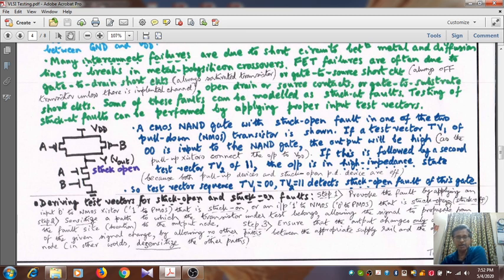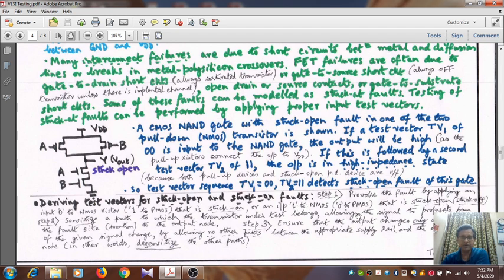So as you suspect that a stuck open fault can be there, you have to apply an input voltage which corresponds to the existence of a channel. Since you suspect that no channel exists, you apply an input corresponding to the existence of a channel. That means the opposite voltage.